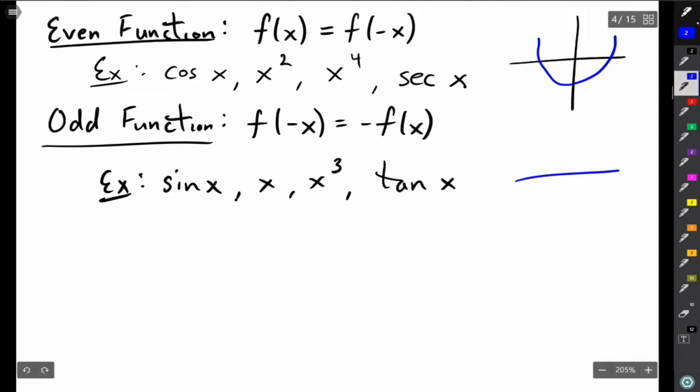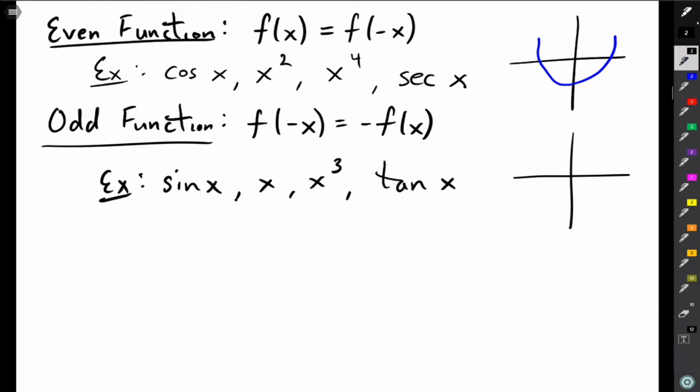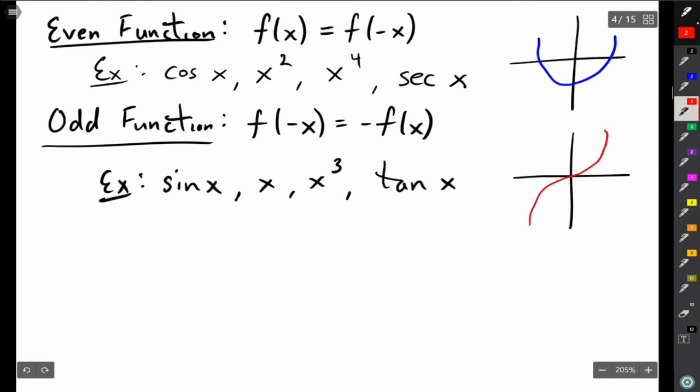An odd function is something where we have to reflect it across the x-axis and then the y-axis. So that would be something like this.